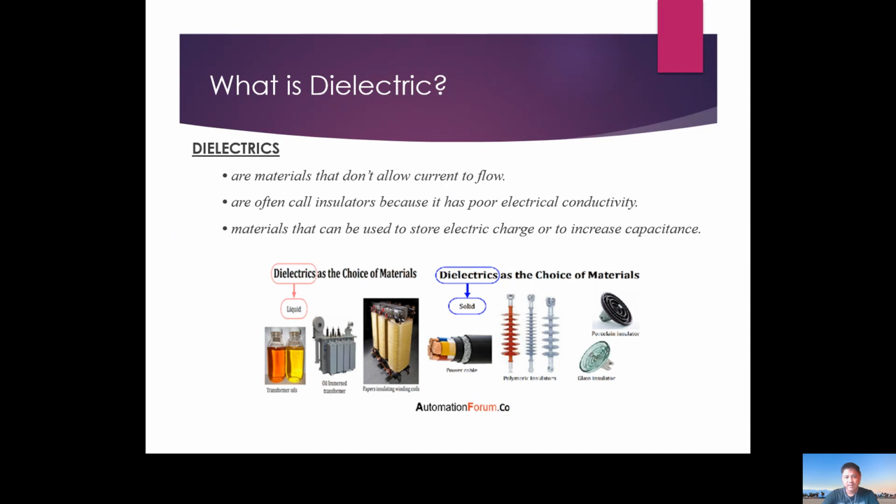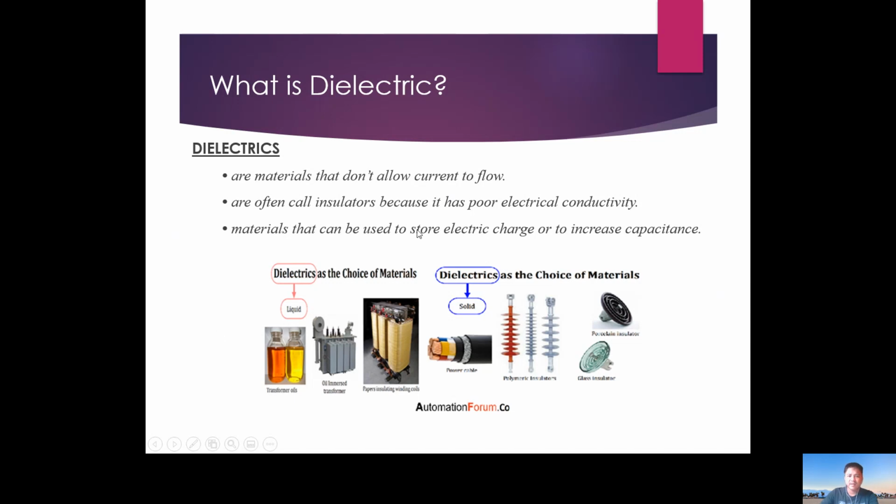So first, we have to define what is dielectric. By definition, it is materials that don't allow current to flow. It is also often called an insulator because it has poor electrical conductivity, and these are materials that can be used to store electric charge or to increase capacitance.